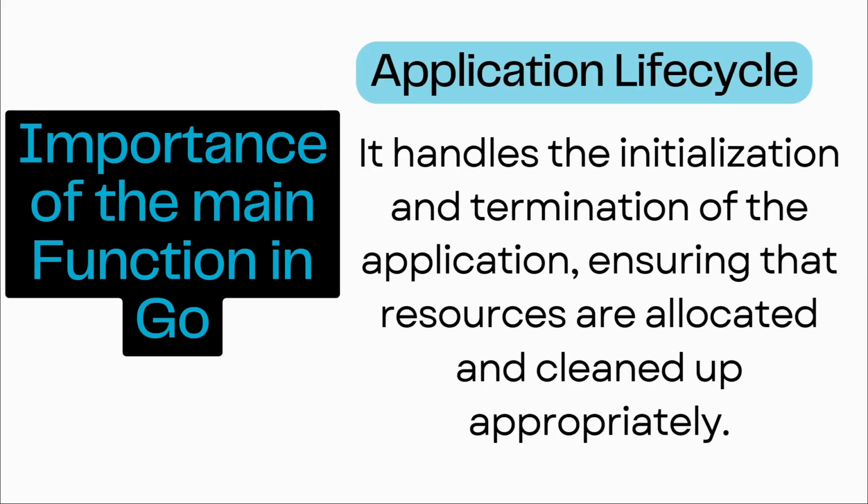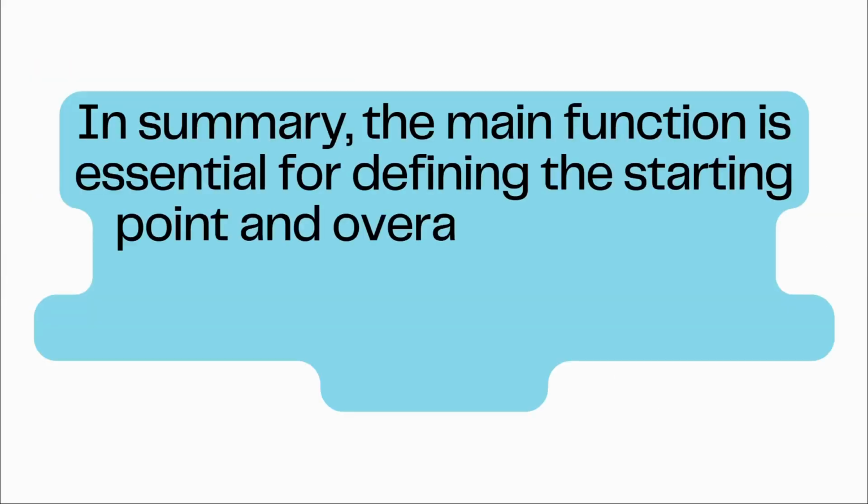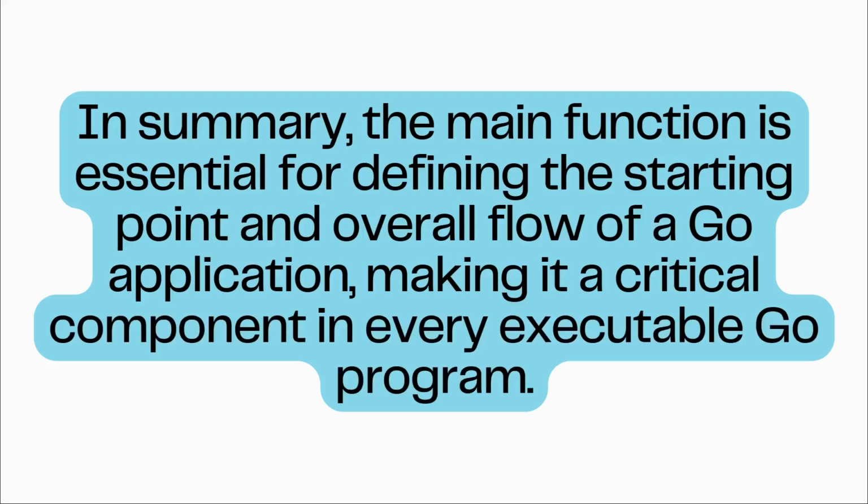Even that is done by the main function itself. So these are the importance of the main function in Go. In summary, the main function is essential for defining the starting point and overall flow of a Go application, making it a critical component in every executable Go program. So main is the entry point.